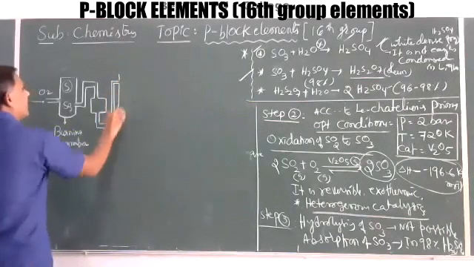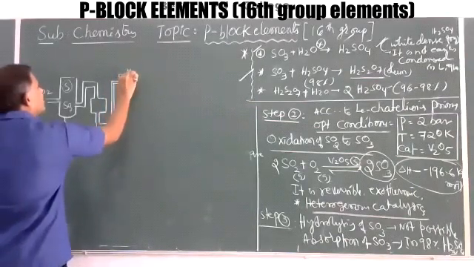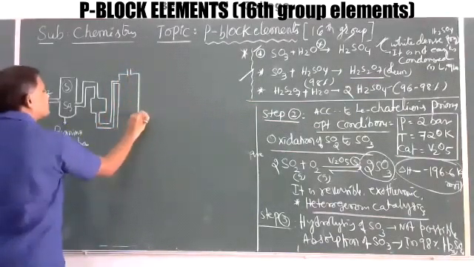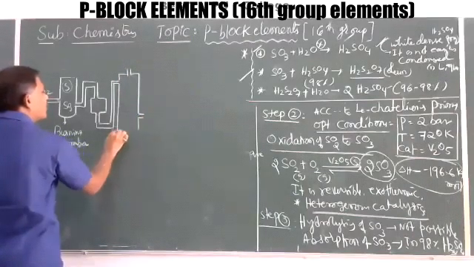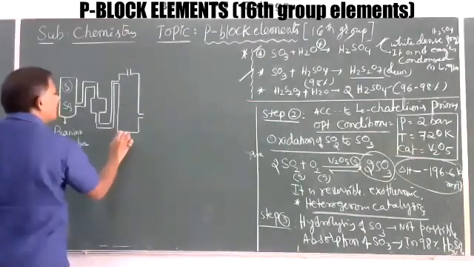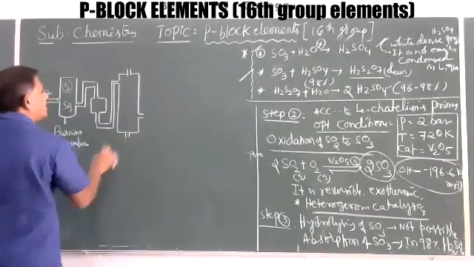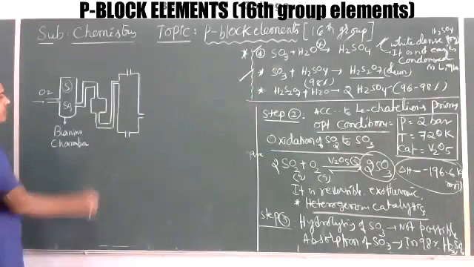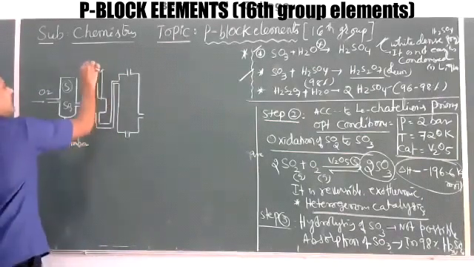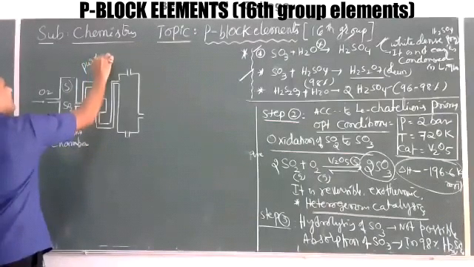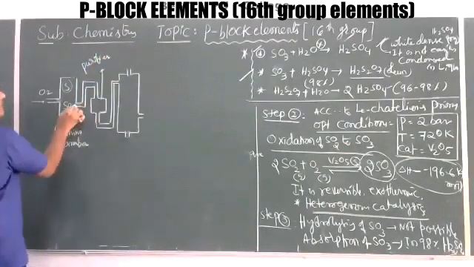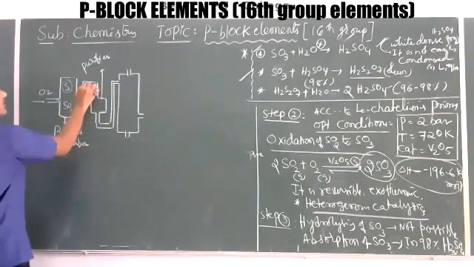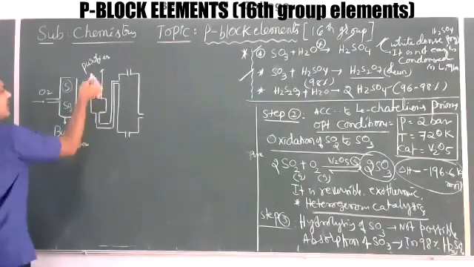That tower contains a water spray. By using this water spray, we can easily remove soluble impurities present in the sulfur dioxide gas. This is the purifier. The obtained sulfur dioxide gas is passed through this purifier to purify it.